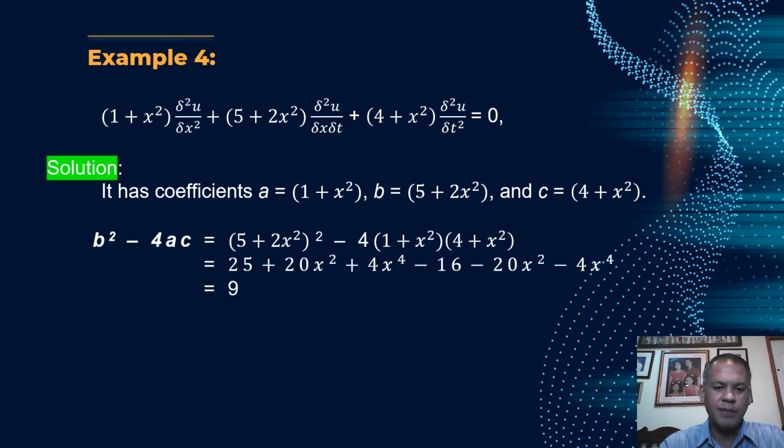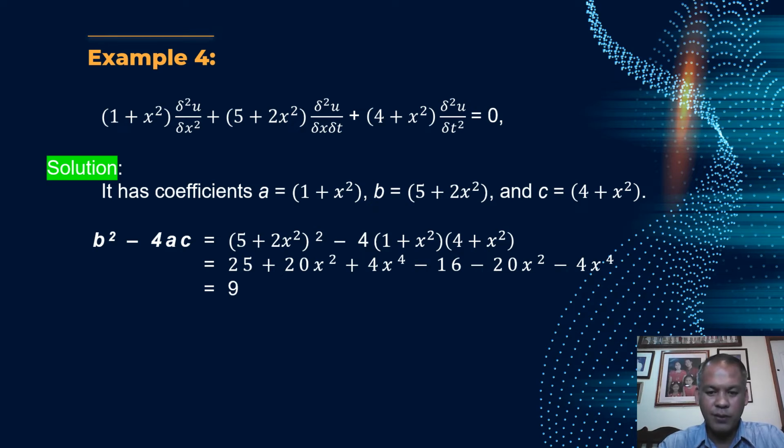Substituting this into b squared minus 4ac, we have the quantity 5 plus 2x squared, squared, minus 4 times the quantity 1 plus x squared times the quantity 4 plus x squared. Now squaring the first quantity, we get 25 plus 20x squared plus 4x to the fourth. And getting the product of the second quantity, we have negative 16, then minus 20x squared, then minus 4x to the fourth.